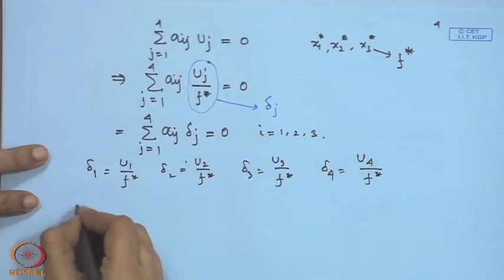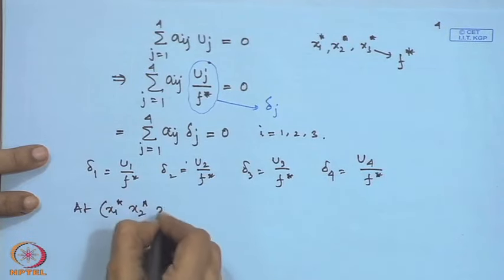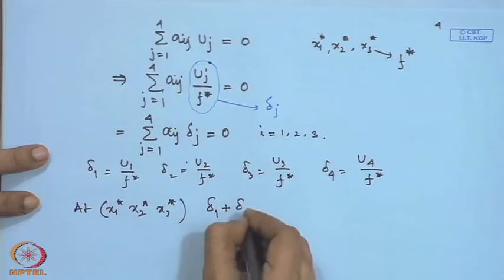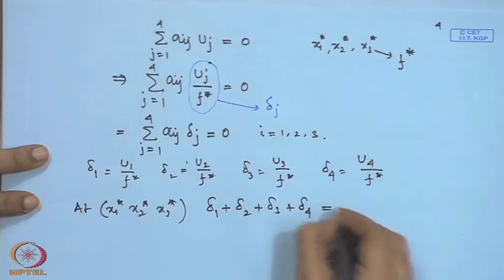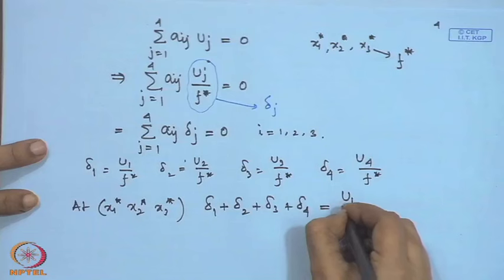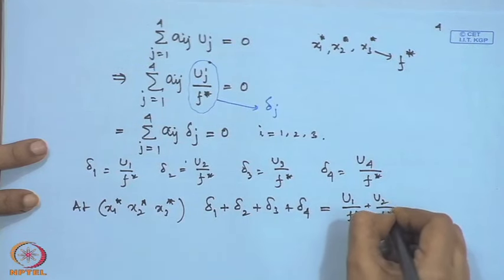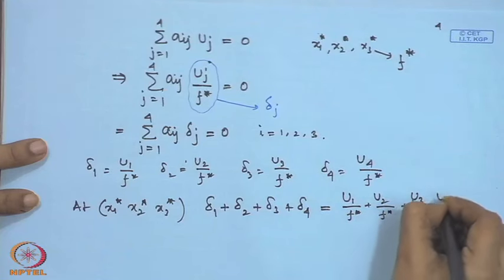Then we see that at the optimal point x1, x2 and x3, delta 1 plus delta 2 plus delta 3 plus delta 4 is equal to u1 at the optimal level by f star, u2 at the optimal level by f star, u3 at the optimal level, and so on and so forth.